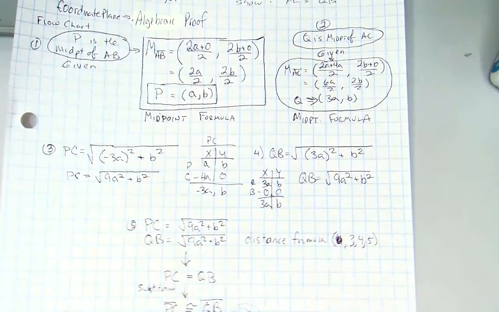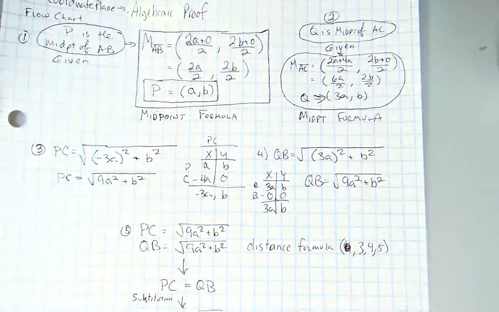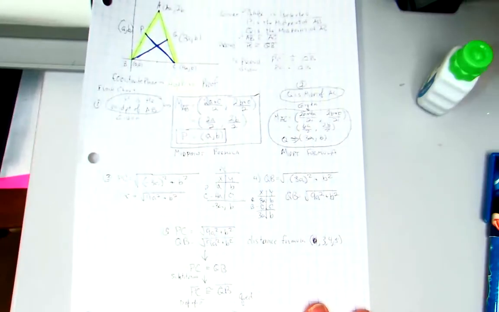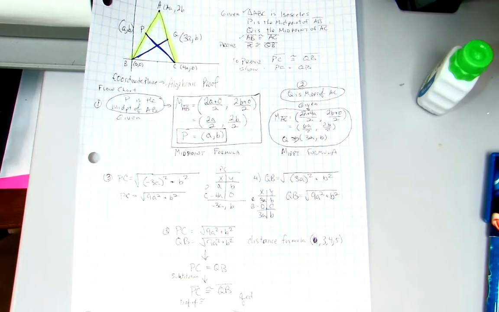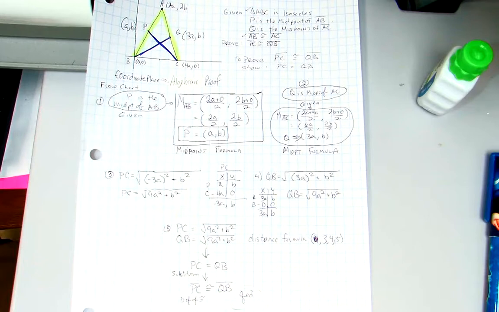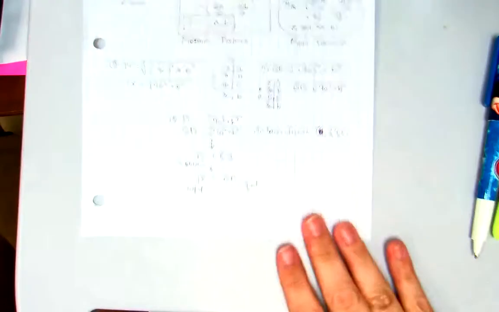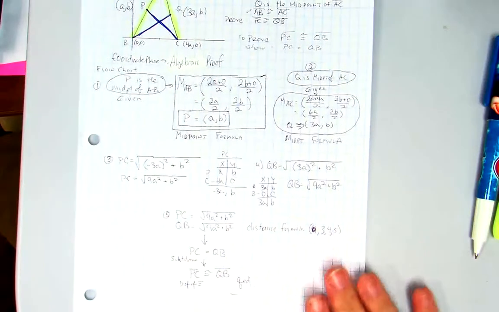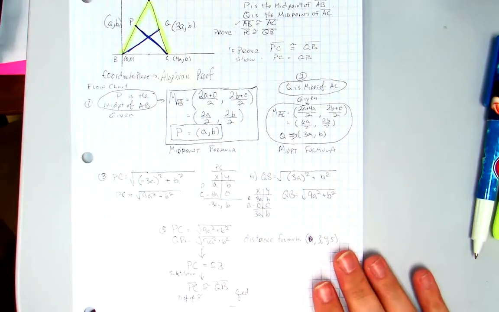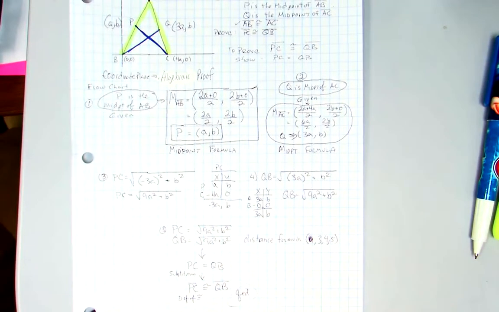And it's all right there. Well, that's not the best picture on the planet. Maybe this will help. That looks better. There's the proof. And hopefully you were able to get that.